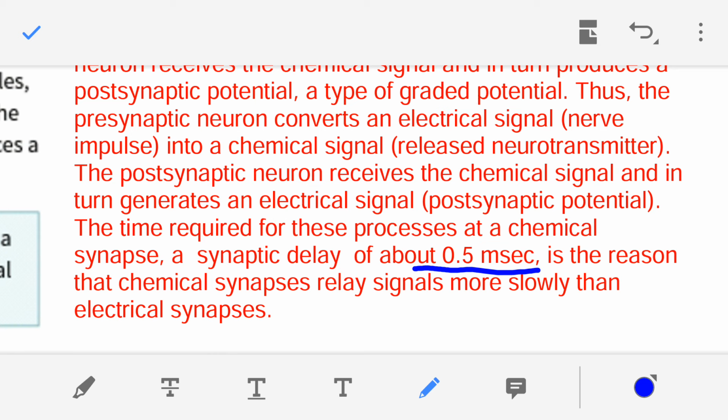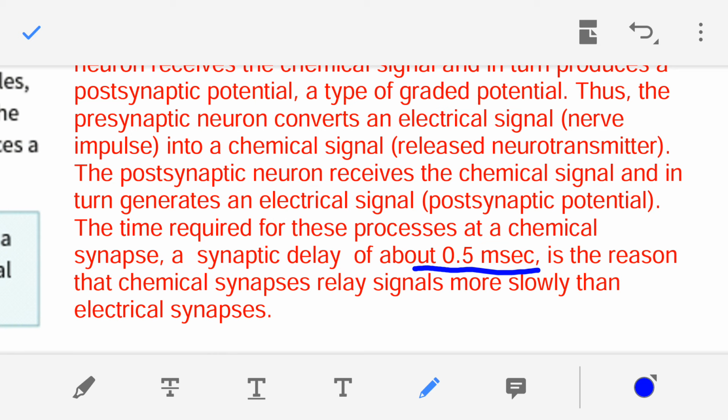But in the case of a chemical synapse, the neurotransmitter is involved, and then the potential change takes place in the postsynaptic neuron. So for all this, some delay occurs, and this delay takes 0.5 millisecond. So the propagation of the nerve impulse will take 0.5 millisecond in the case of a chemical synapse.